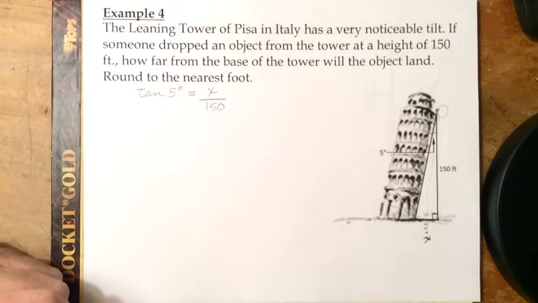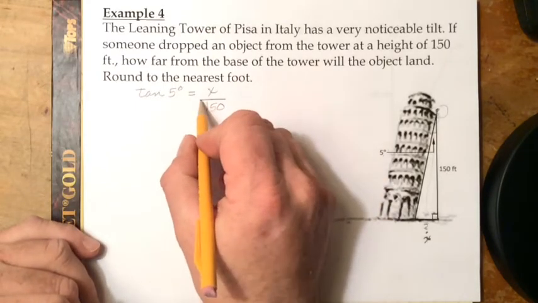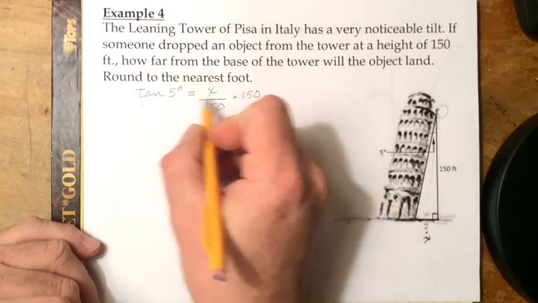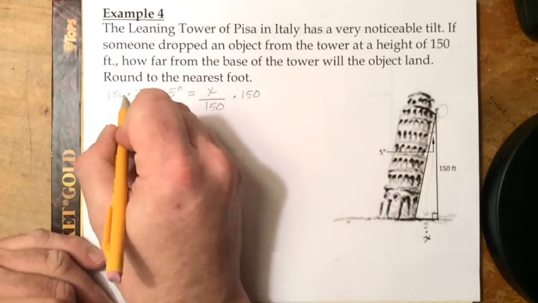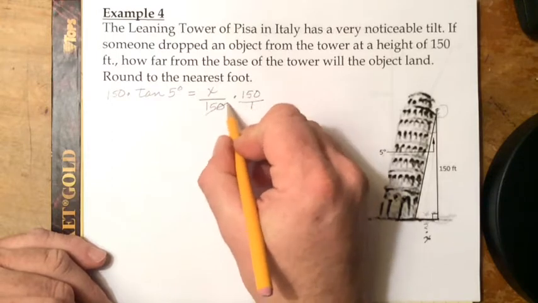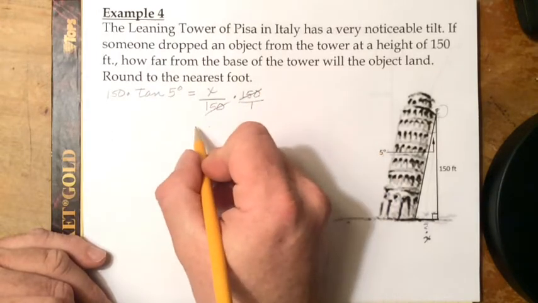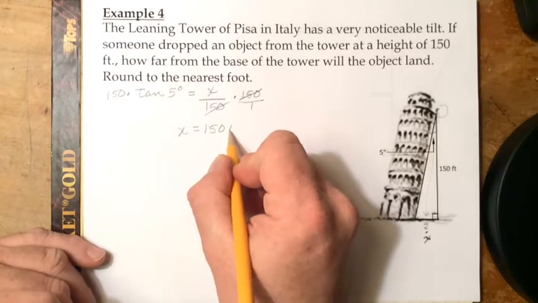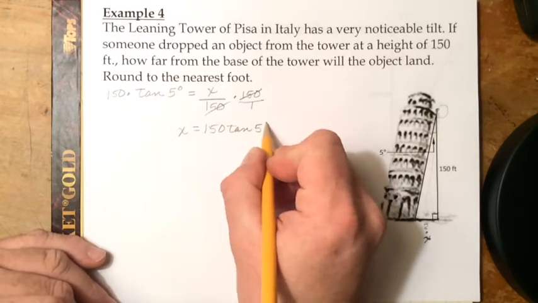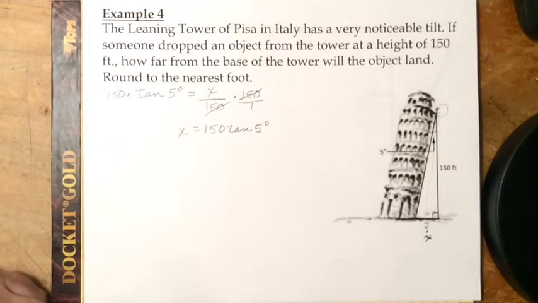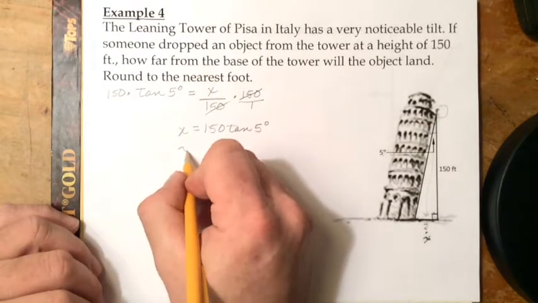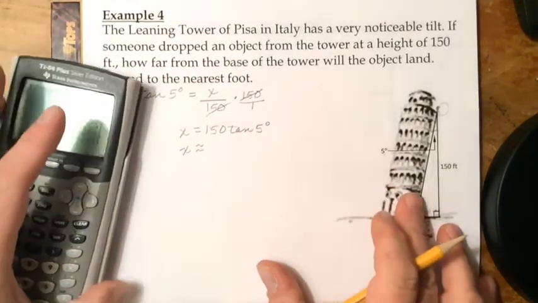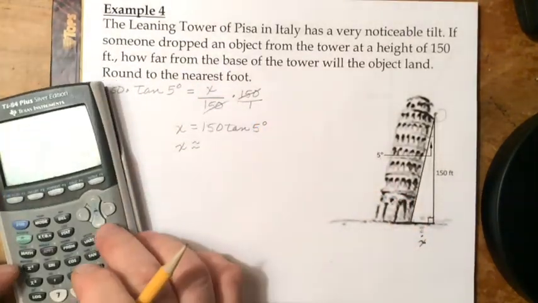All right, at this point we need to solve for X. Since X is being divided by 150, we multiply by 150 on both sides. The 150s over here divide out, or cancel out, and X is equal to 150 times the tangent of 5 degrees. And so now we take our calculator and calculate. Remember, we're rounding to the nearest foot.